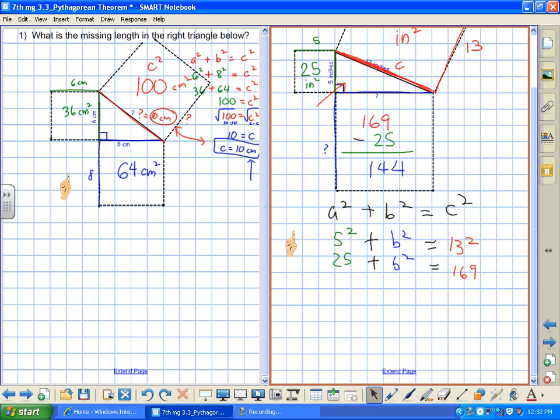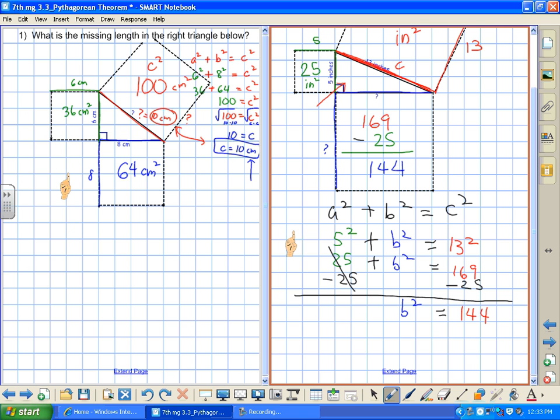And so you end up, first of all, minusing 25 on both sides. Okay? Whatever you do to one side of the equation, you do to the other. The 25 and the minus 25 cancels out to a 0. It zeroes out. And you end up getting just a b squared on one side being equal to the 144.